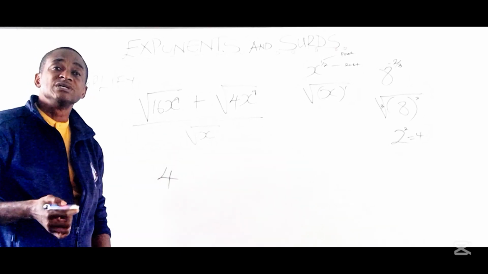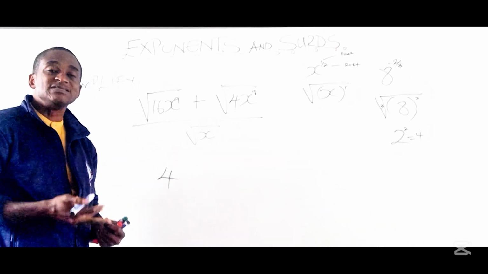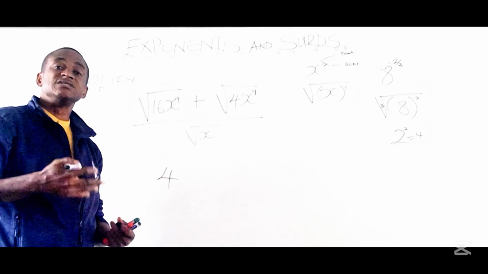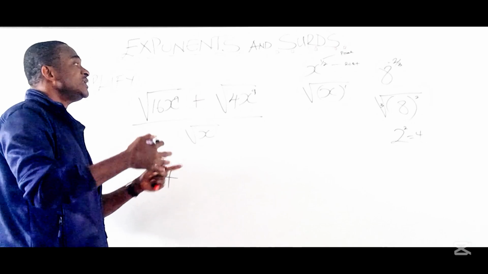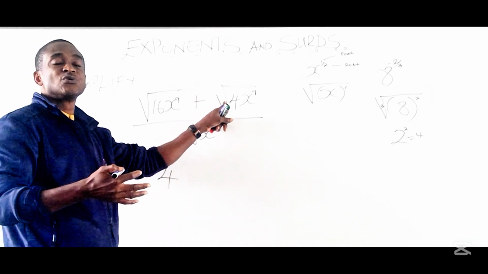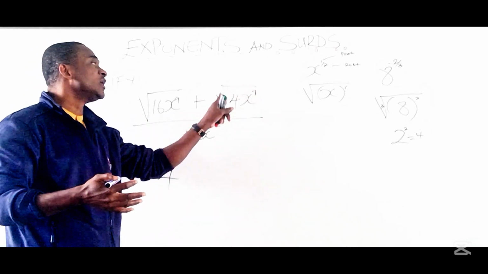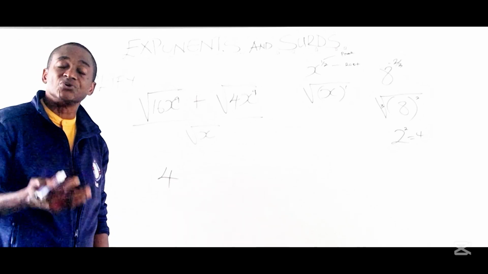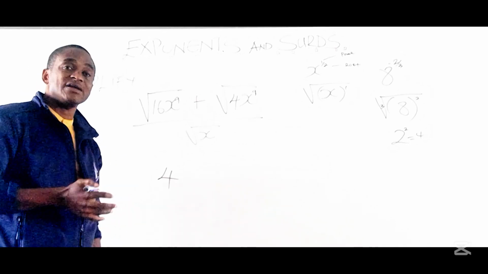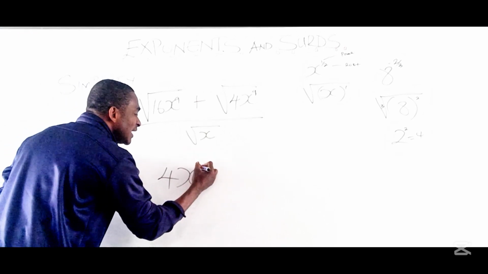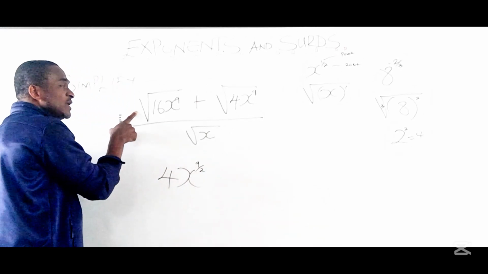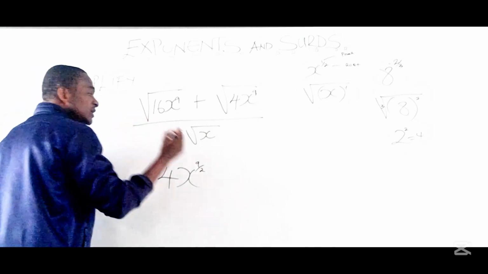When we have exponents, if it is square root, we divide the exponent by 2. If it is cube root, we divide the exponent by 3. So the exponent will always be divided by the root to get the value inside the root. So this is going to be x to the power of 9 divided by the type of root we have here, which is square root.